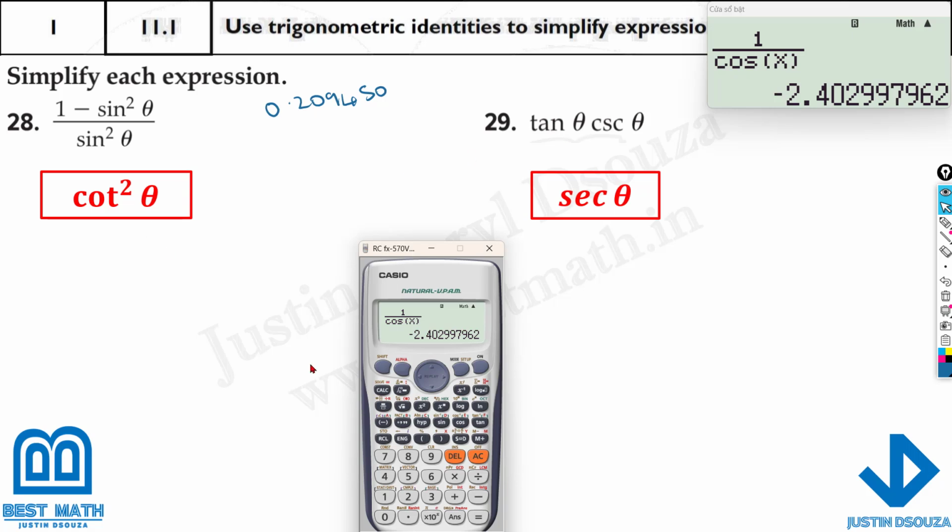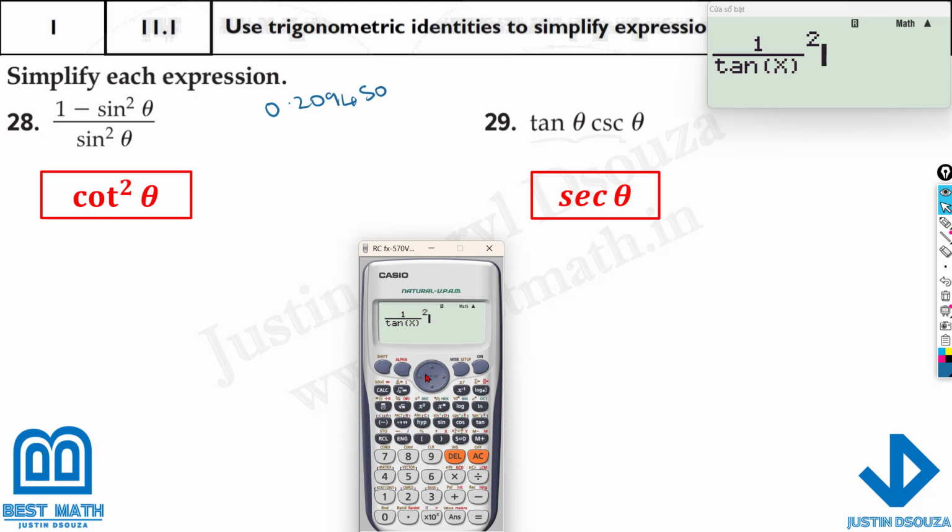Let's go to the next option. Let's try 1 by cotangent, which is 1 by tan x, close the bracket and square it. Here you can see this matches. So this is the correct option. Why? Because this is giving the same answer that we wanted, right? There's one more thing about the square here. I've put 1 by tan square, or you can write the square outside for the entire term.